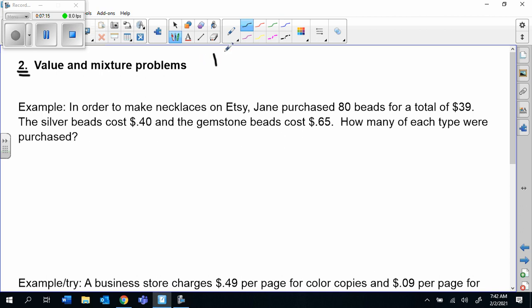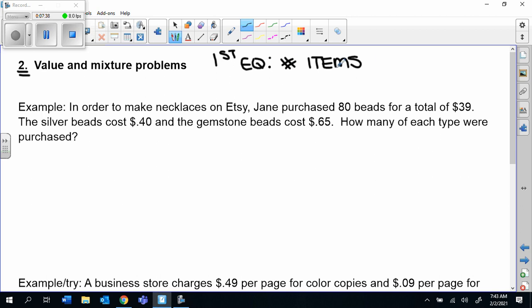The first equation is always going to be the number of items. How much stuff do you have? The number of items or stuff, whether it's tickets or pounds of peanuts or an acid solution, there's always something in the problem.